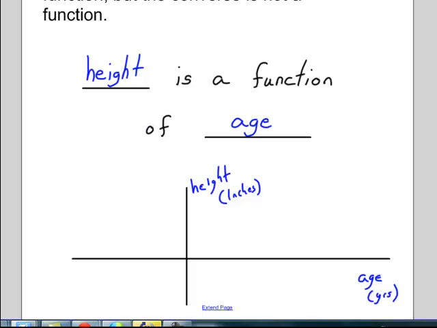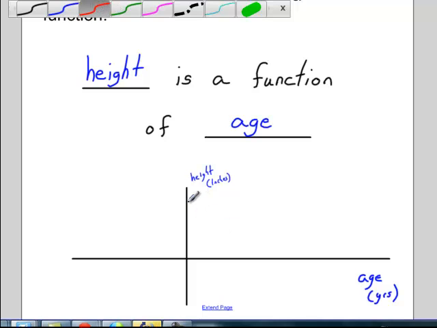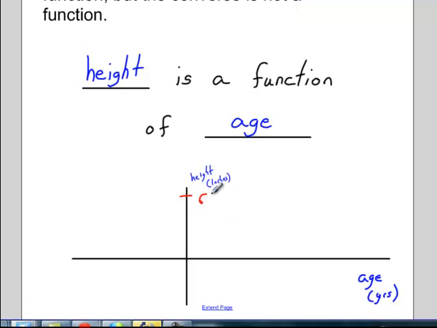Okay, so we have these two axes. And let's just say that we have 68 inches as the max on this one. So that's about 5 foot 8 inches. Okay, so let's say that we're going to go all the way up to someone who's 80 years old.